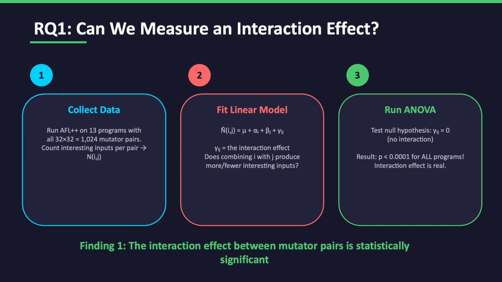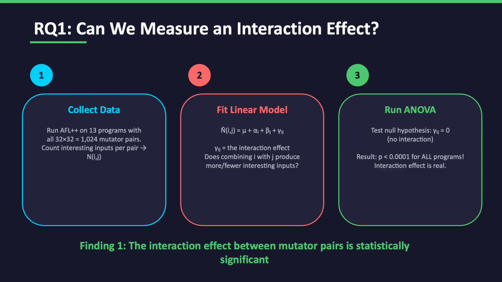So the hypothesis is clear. How do we test it? The authors do this in 3 clean steps. First step is collecting the data. They run AFL++ on 13 real-world target programs from the FuzzBench benchmark. But they make 3 key modifications.